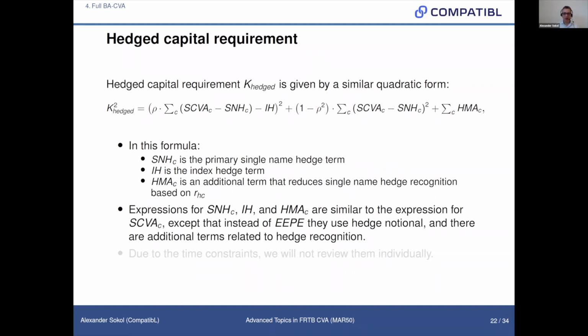All right. So these terms are similar to the term for the standalone CVA, this formula with the sum of constants, right? Not the integral, but the sum of constants. Except that instead of expected positive exposure, they use hedge notional, right? So they use the amount of protection in this CDS. There are also additional terms, there are various multipliers and so forth, but fundamentally they're very similar.